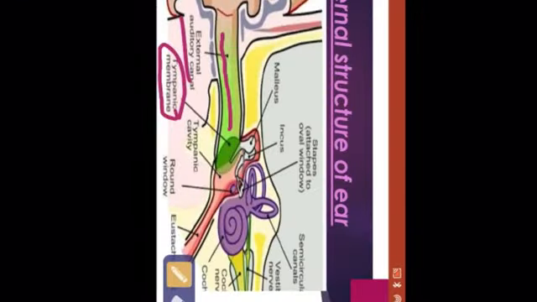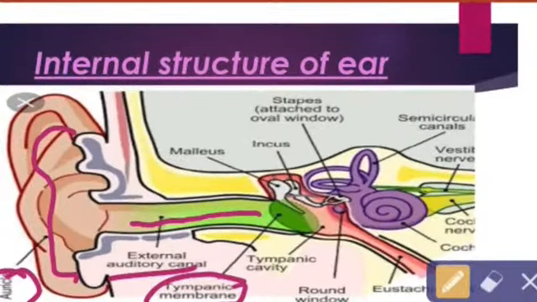Internally, in the backside of the tympanic membrane there is a tympanic cavity, and this is called the middle ear. This middle ear has three small bones, that is malleus, incus, and stapes, which is attached to the oval window.